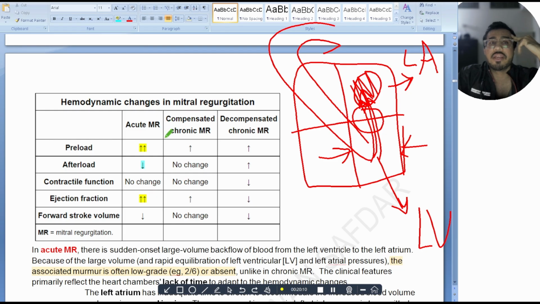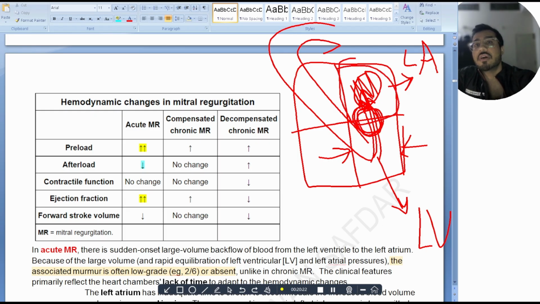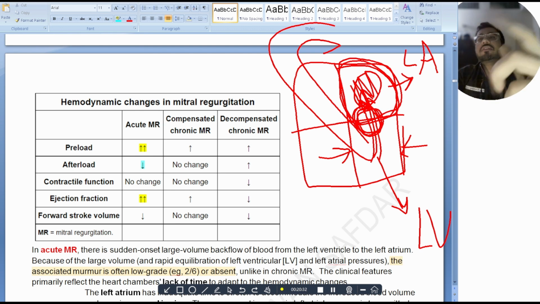In compensated chronic mitral regurg, what happens is that since the dilation or the regurg slowly happens and the atria compensate for the increased amount of blood volume that is being sent towards the left atrium, the afterload is not that much affected because there's compensation going on.